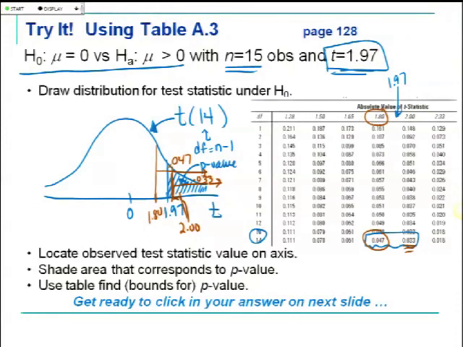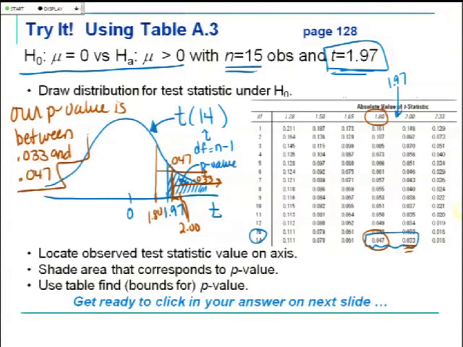It's in between. It's even closer to the 3.3% because I'm closer to the 2 than the 1.8. So I can report the bounds for my p-value. Our p-value is between 0.033 and 0.047.